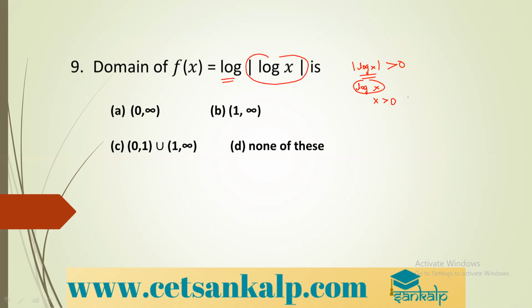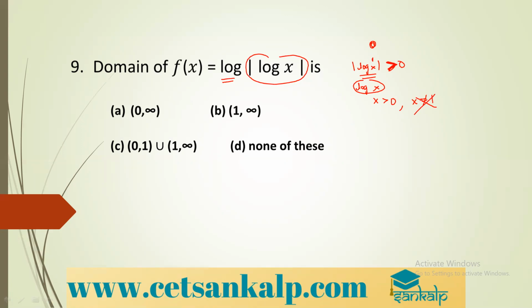But one more thing I will come to know is that, of course, greater than 0 is okay, but it should not be equal to 1. Because if x is equal to 1, what will happen? Log 1 will become 0. But we are not supposed to take 0. We have to take greater than 0. We should not take equal to 0. That's why x should not be 1.